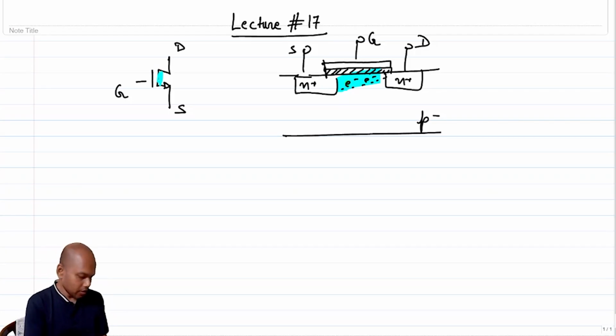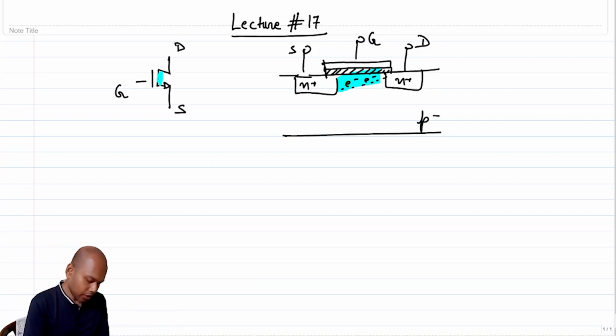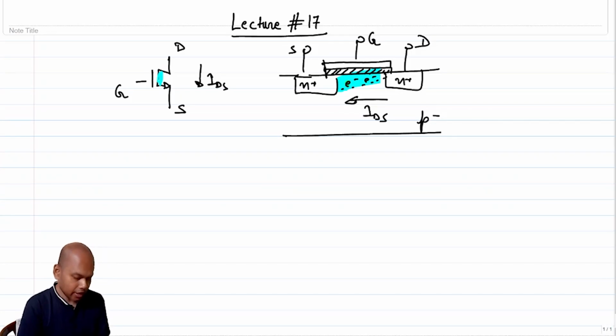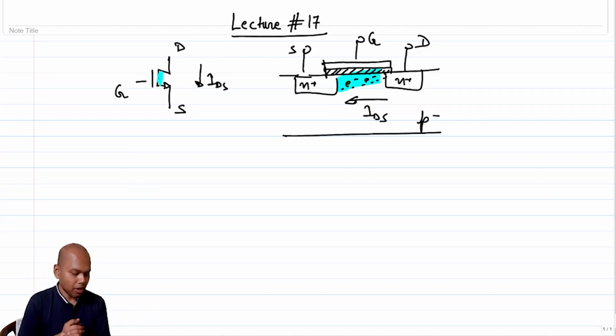and we understand that there is a channel here, right? Obviously you have biases between gate and source and drain and source, otherwise there is no channel and there is no pinch off. So the electrons are moving from source to drain, so the current is flowing from drain to source. These carriers are moving from drain to source, just like in a resistor.